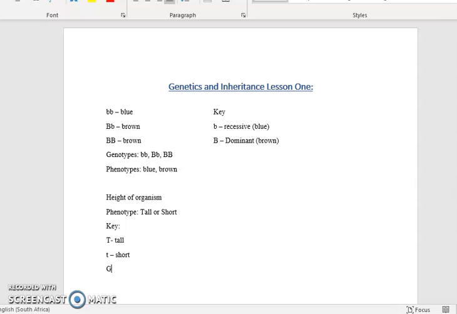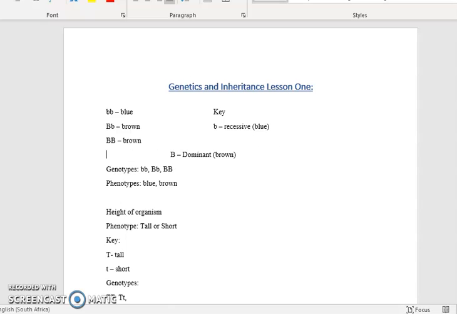So our genotypes can now be capital T, capital T, then capital T, small t, and then you're going to wonder why, in the previous example, I didn't include something that goes small b, capital B.